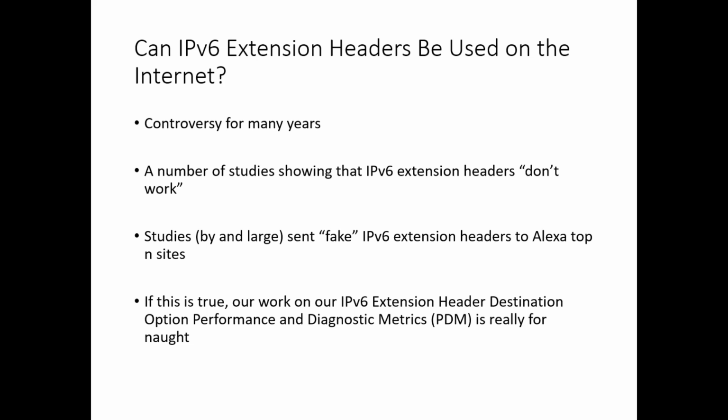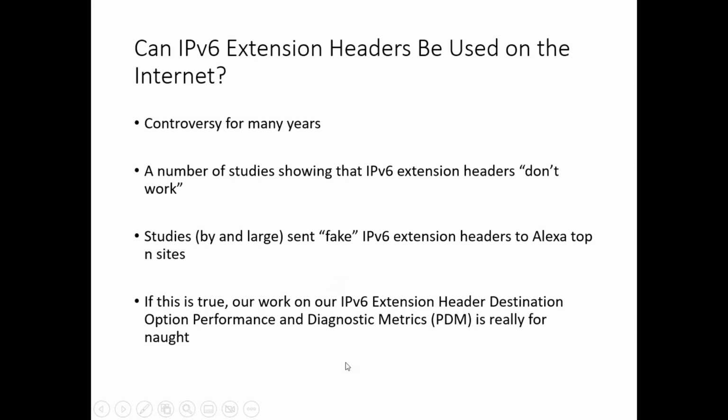If you send fake extension headers to these sites, or for that matter, real extension headers to many of these sites, indeed, it does not work. Actually, this had in some ways to do with the bugs that we found, and quite a bit of those, if they retested, would work. But that's a different thing. We'll talk about that when we talk about CDNs.